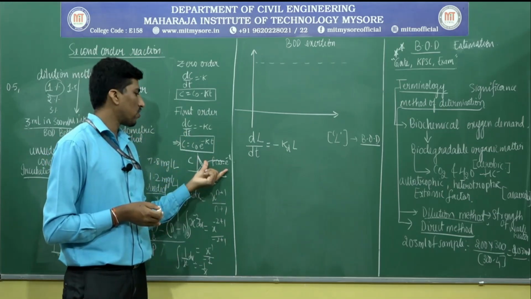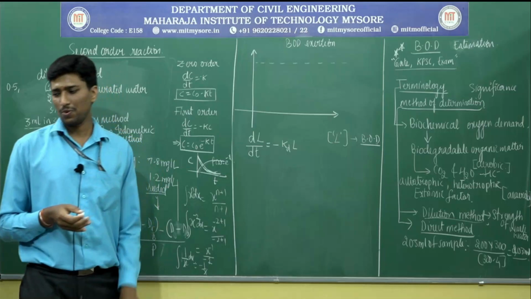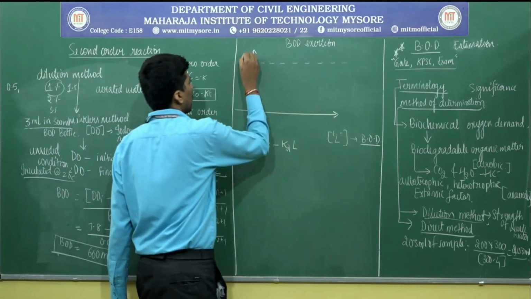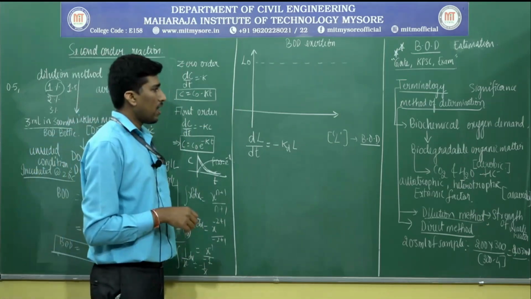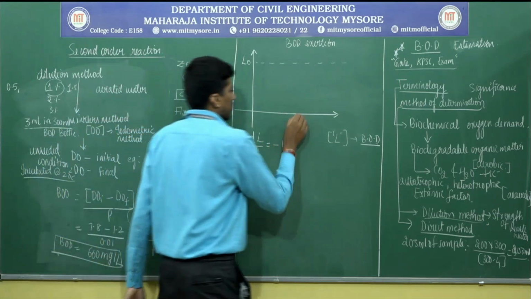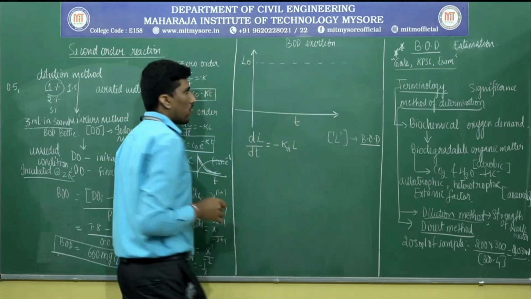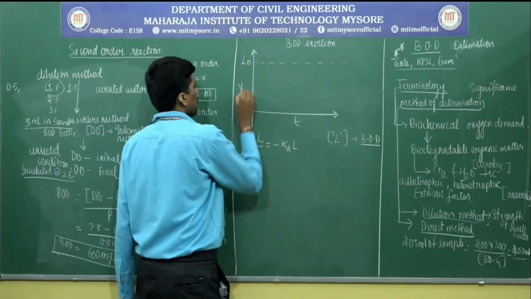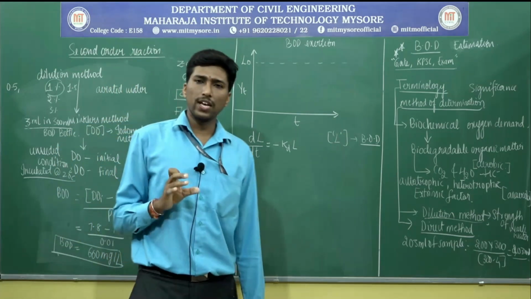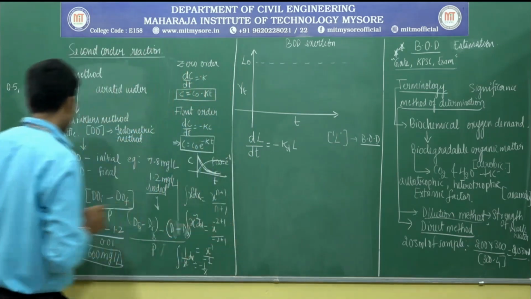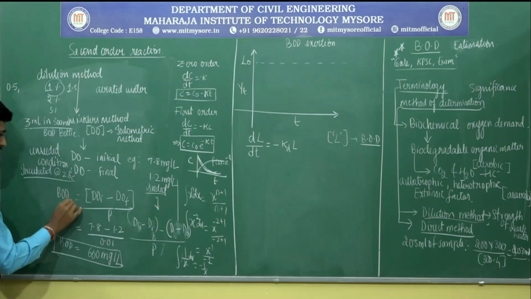This particular expression is most important. We have L naught, the initial concentration, with respect to time. At time t, L naught is equal to how, and Yt represents the BOD of the 5th day. Normally, wherever you go, it is given as the 5 day BOD.